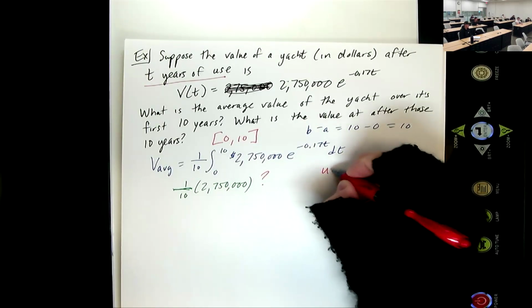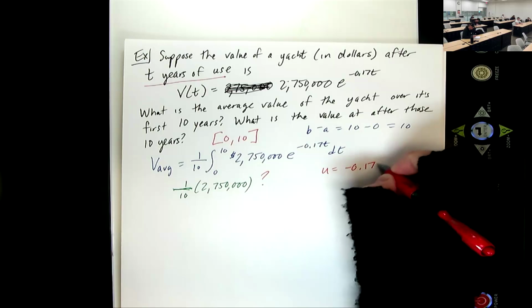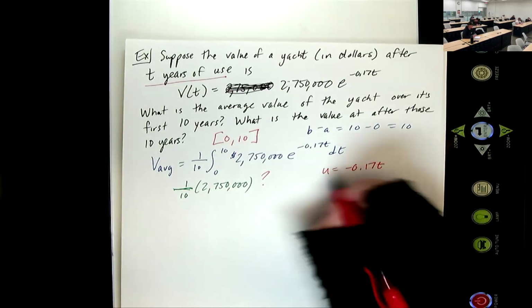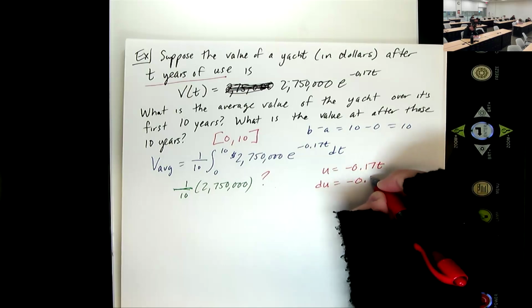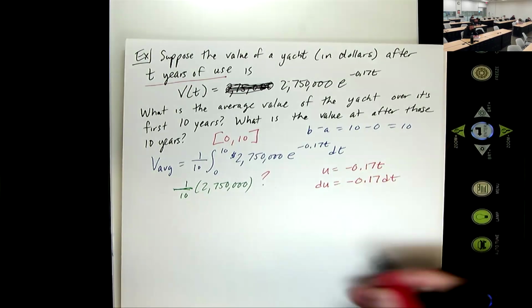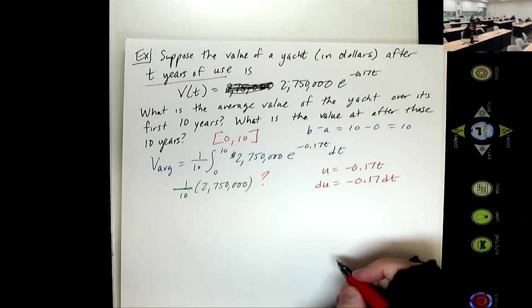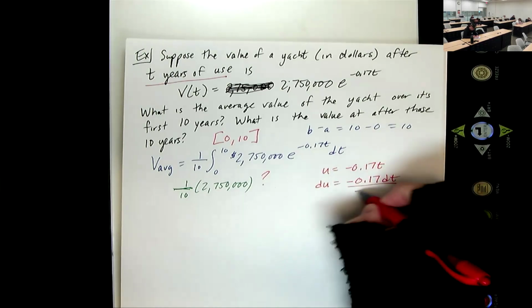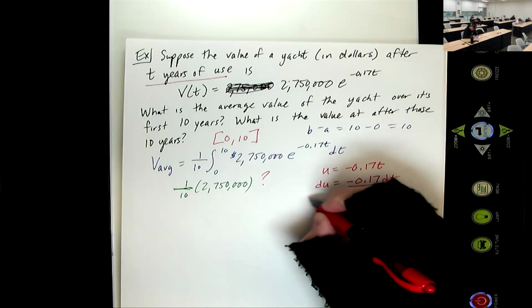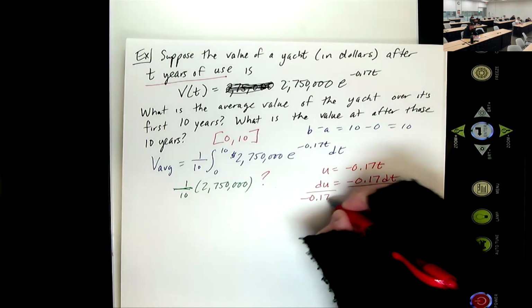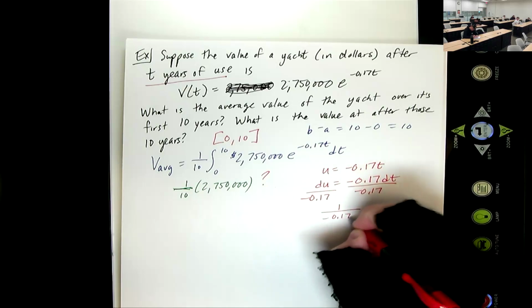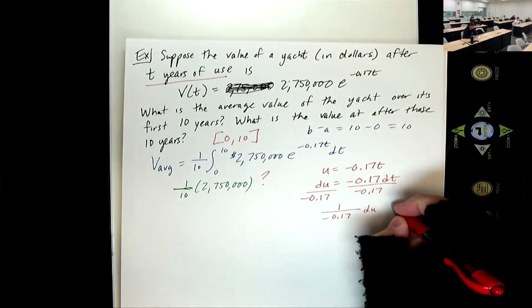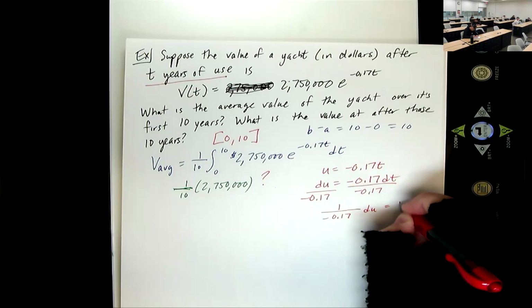Let's say u equals negative 0.17 t. So du equals negative 0.17 dt. And if I divide both sides by negative 0.17, I can see that 1 over negative 0.17 du equals dt.